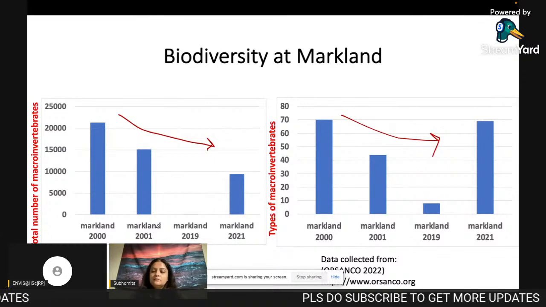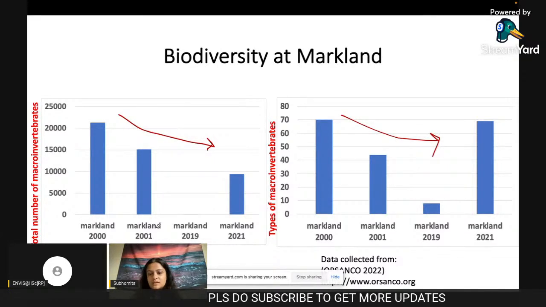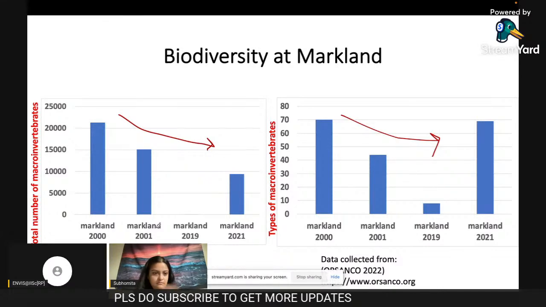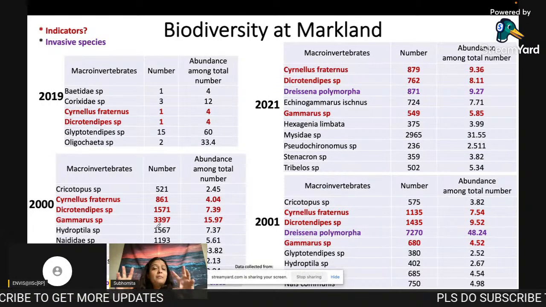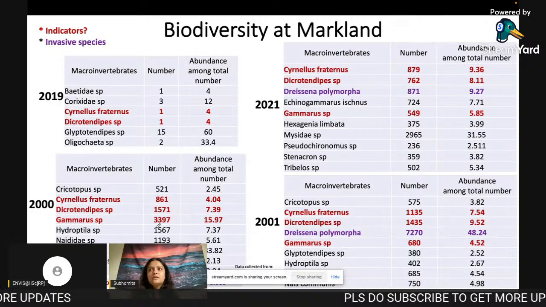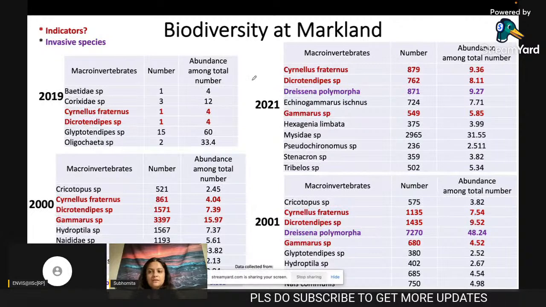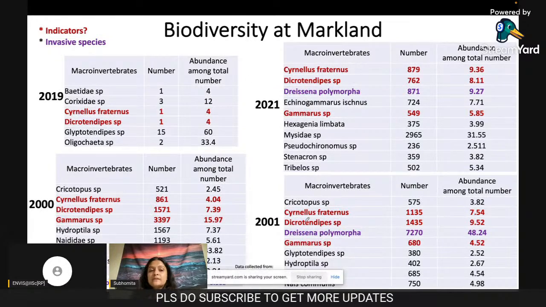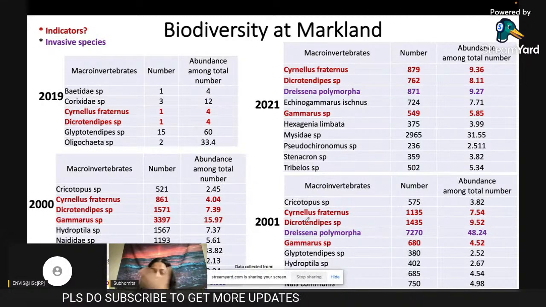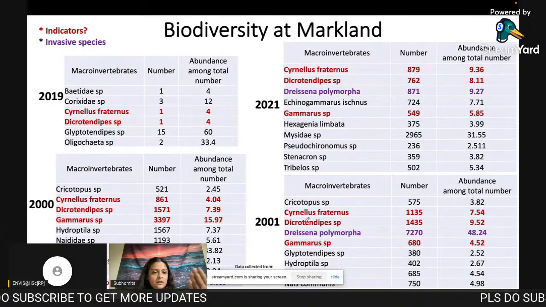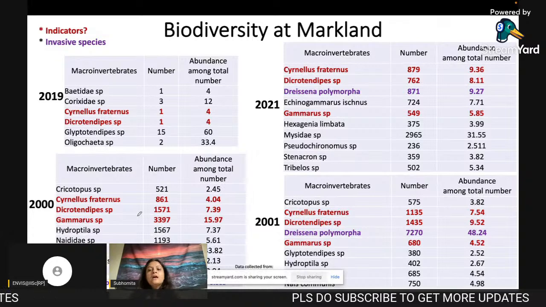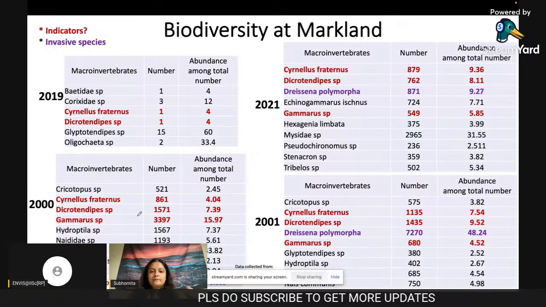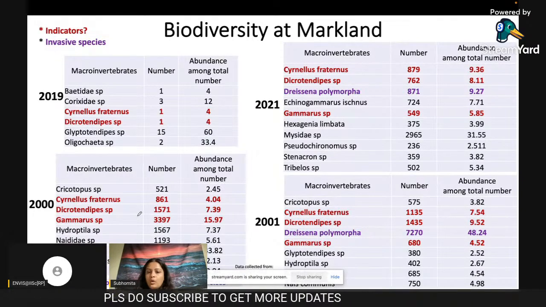But even with this preliminary investigation, we do see a drop in this number and type, so we investigated the abundance factor, like what the majorly abundant macroinvertebrates are. These are the percentages. But interestingly, across all the years, though it's just 4 years, some species, highlighted in red here, are highly abundant at all of the sites.